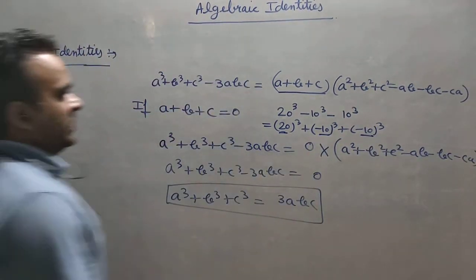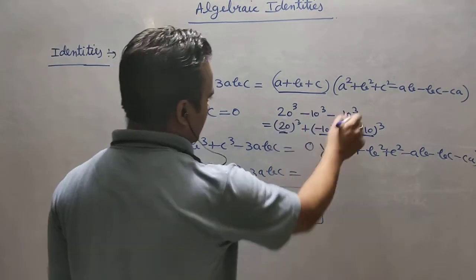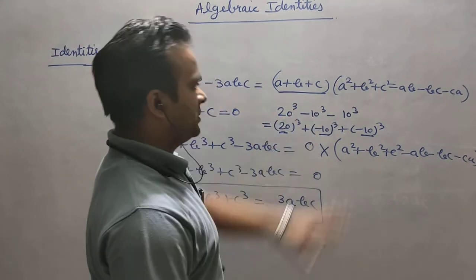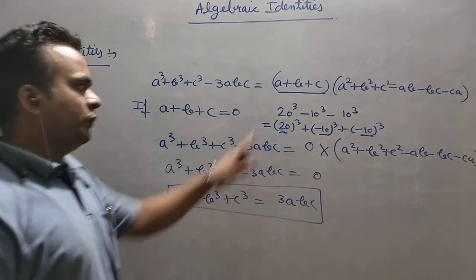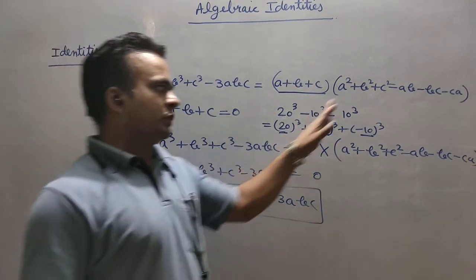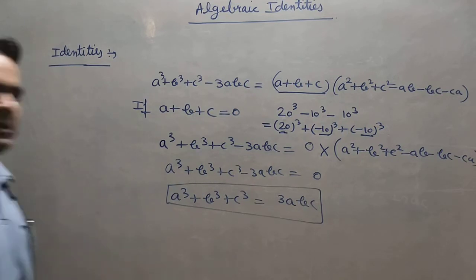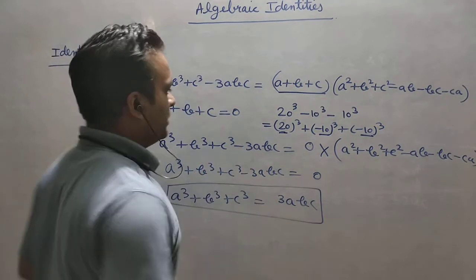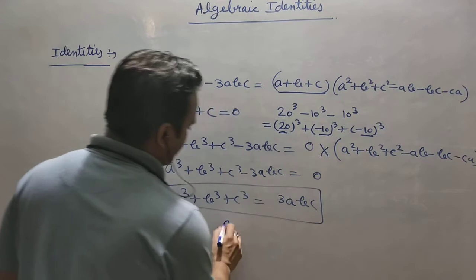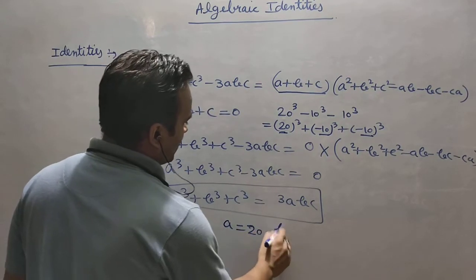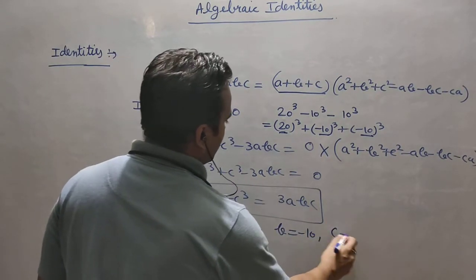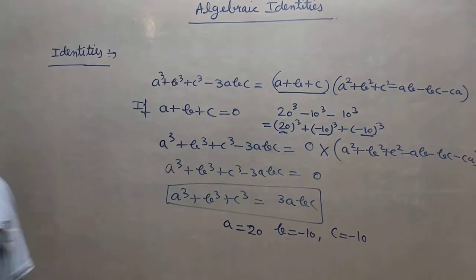So if I want to find the result of this particular expression, it will take time, because first of all you will find the cube of 20, then this one, and then you will add and then subtract. So it will take time. So we can use this identity here. What is a here? a is 20, b is minus 10 and c is minus 10, right?